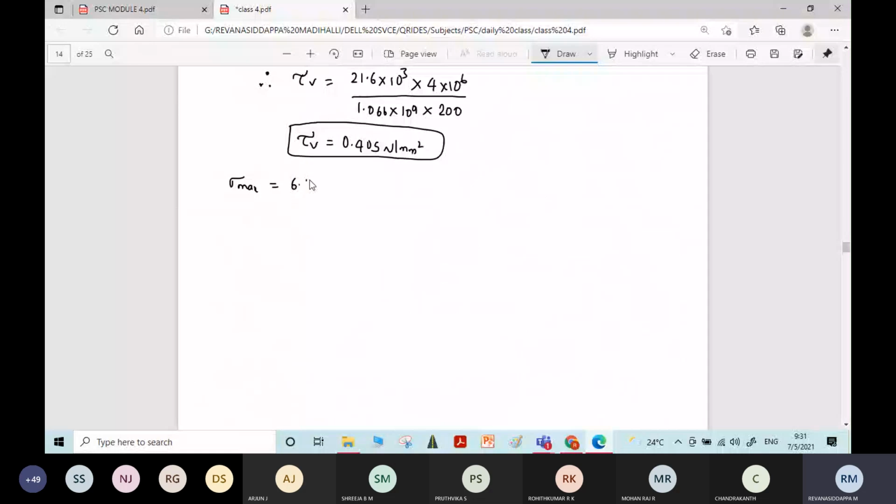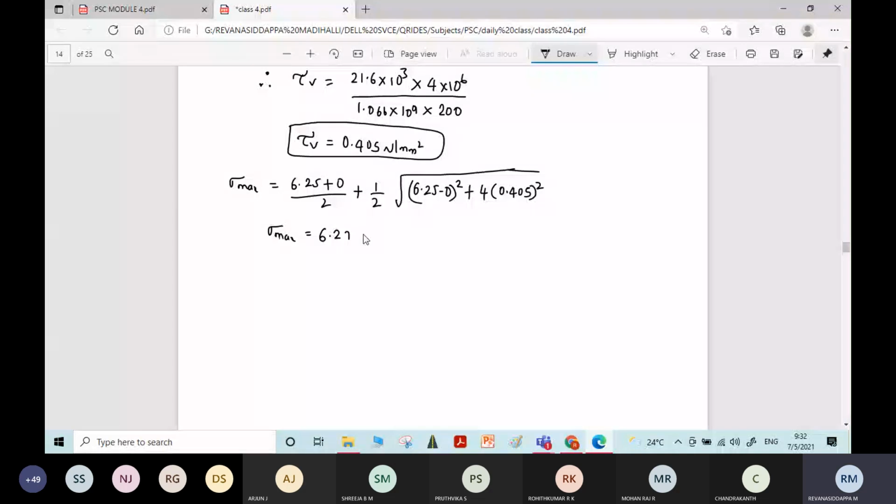Therefore it is 6.25 plus 0 whole divided by 2 plus half of root 6.25 minus 0 whole square plus 4 into 0.405 whole square. How much? 6.27. Yes, 6.27, right?